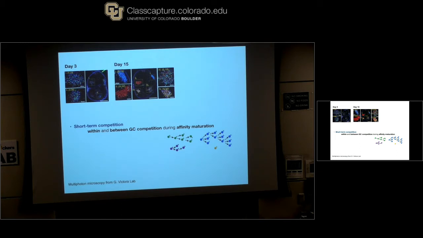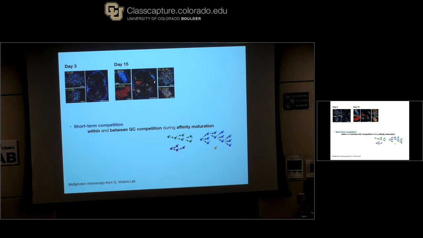And after day 15, what happens is that you have clonal antibodies that expand in different parts of this lymph node, right? These are all cells that have originated from a red marked B cell. So you see quite a bit of convergent evolution in a way, or exclusion by competition, in each of these germinal centers in the lymph node.